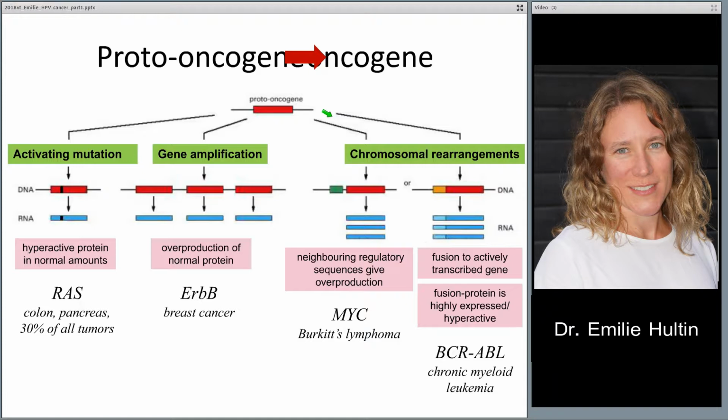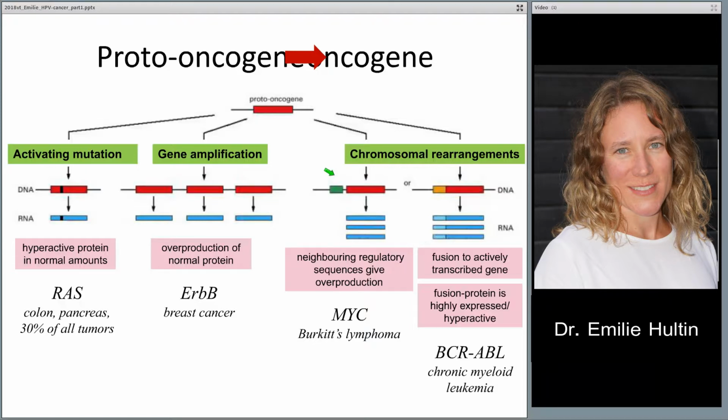Another way for a proto-oncogene to become an oncogene is through chromosomal rearrangements. In the first step here, we can see that this green DNA part comes from another chromosome or another part of the same chromosome. And now it has fused together with this proto-oncogene.